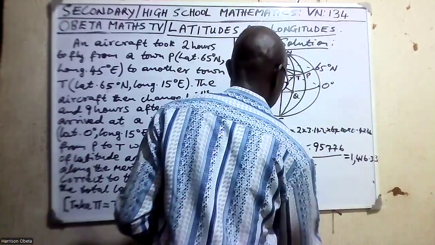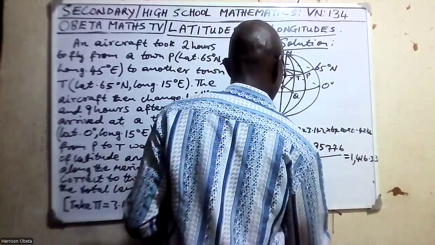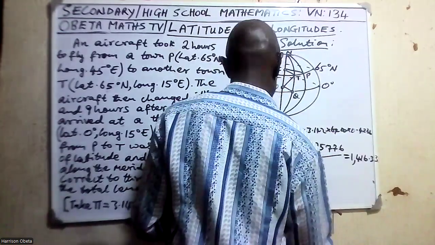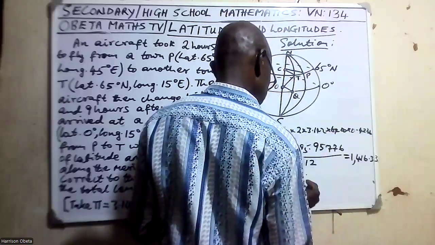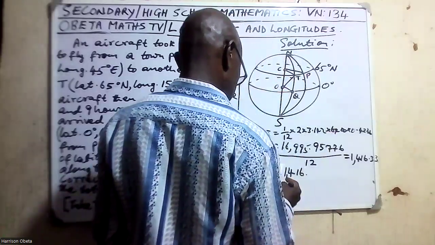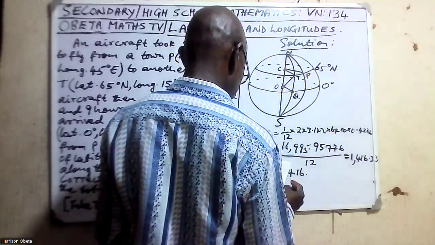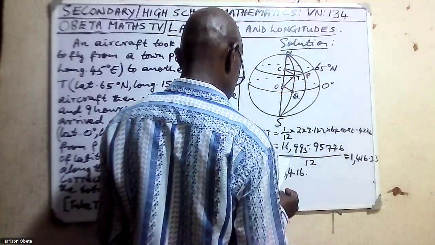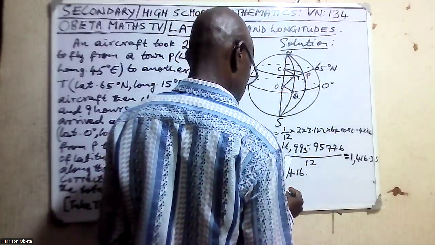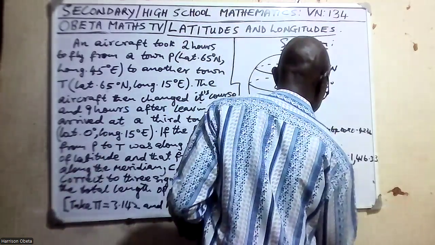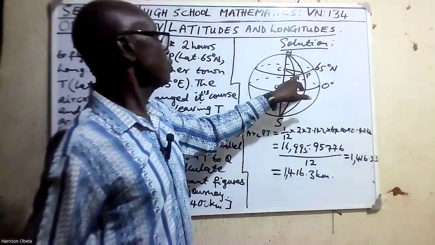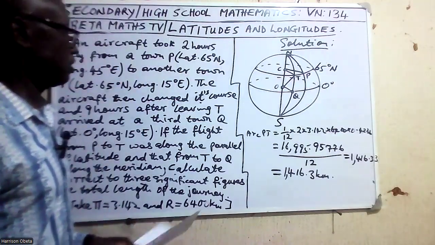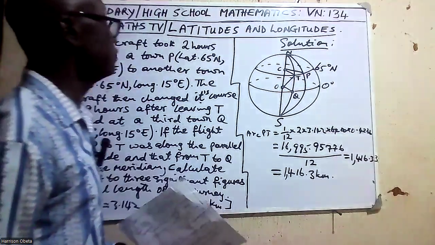So we can now have it as 1416.3 kilometers. That is the distance from P to T. So we have succeeded in getting the distance from P to T.